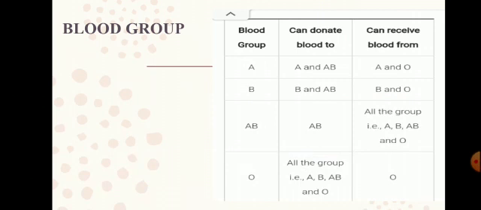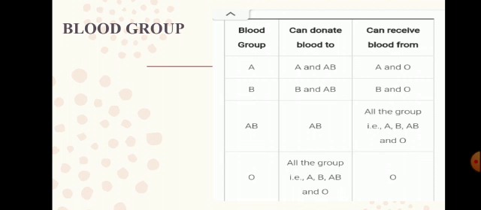Okay, then we studied blood groups. The blood group of an individual human being always remains unchanged throughout their life. Carl Landsteiner described that human blood can be divided into 4 groups: A, B, AB and O. These are named on the basis of a substance present in the blood.